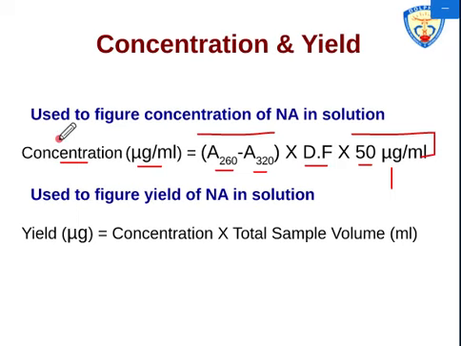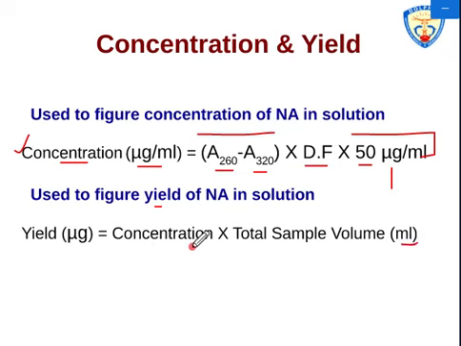Now this property of absorption, apart from concentration, we can also use to find out the yield of nucleic acid in solution. How to find out the yield? Once you get the concentration in micrograms per ml, you multiply it by the total sample volume in ml.